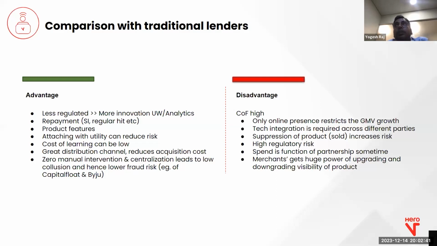So it becomes difficult for them to serve at, let's say, less than 15, 20% interest rate, because NBFCs or fintechs also need money to run their business, the employee cost, the real estate cost for office and all those charges which are involved. And many people even don't repay, so that cost also needs to be incurred by the fintech, right? So this is one of the biggest things.